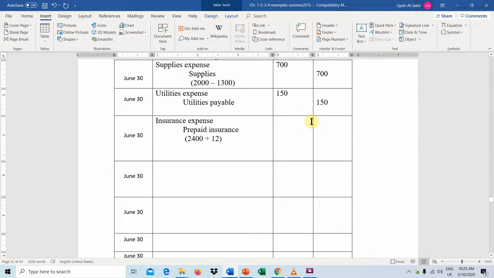So this will be 200. So debit insurance expense by 200 and credit the prepaid insurance by 200.